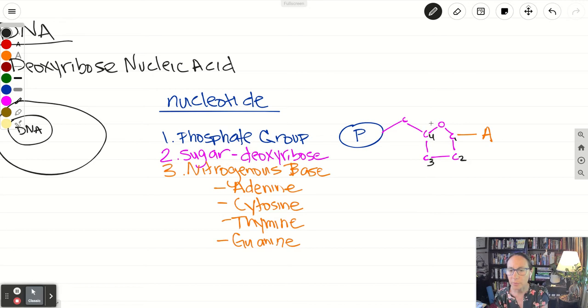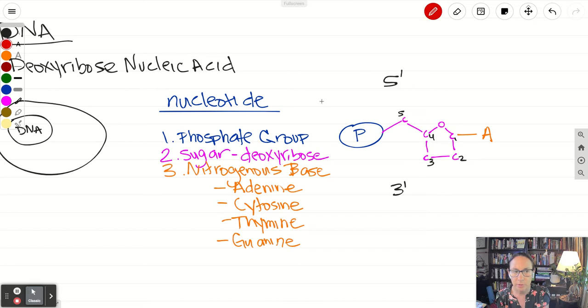This carbon is number 4, and this carbon is number 5. Okay, and that is important because each nucleotide has a top and a bottom. And the top is always designated as the 5' end, and the bottom is designated as the 3' end. And that is because the fifth carbon is up on the top and the third carbon is on the bottom.